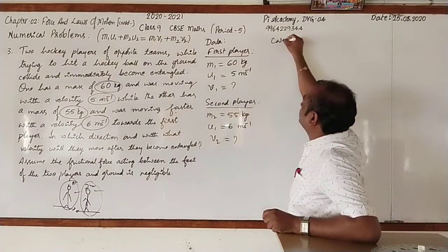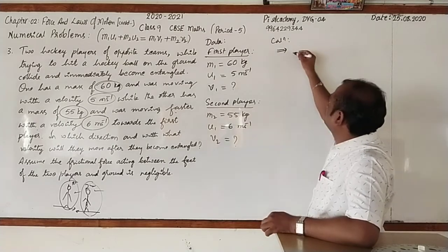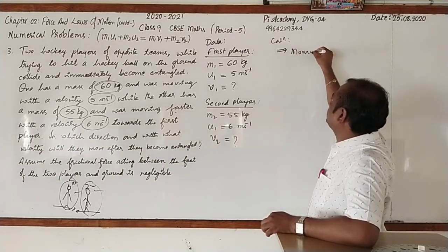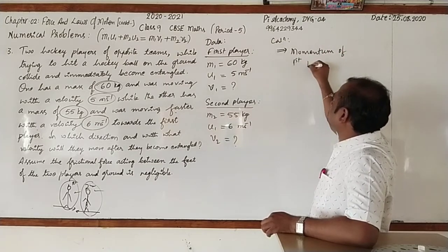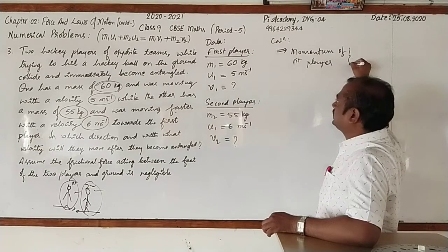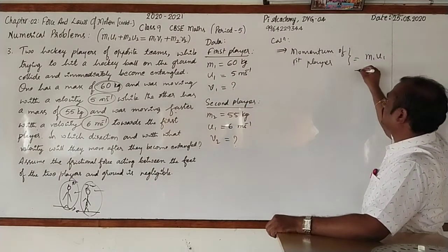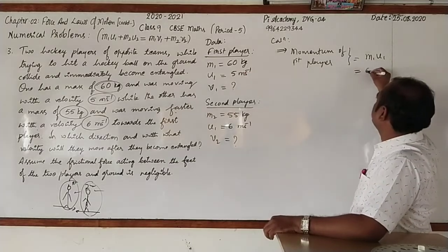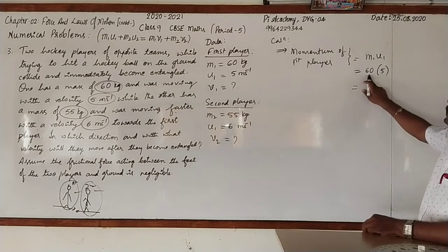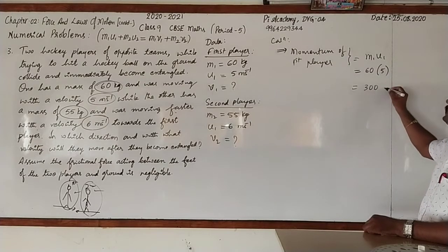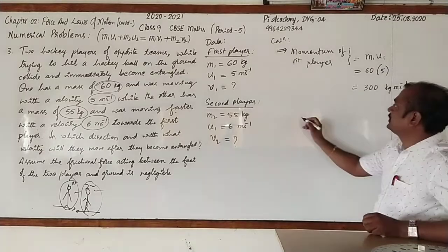To find that out, first we should find the momentum of both the players. Here I'll write the momentum of the first player, which is equal to m1u1. This is 60 into 5, which is equal to 300 kg meter per second, right?